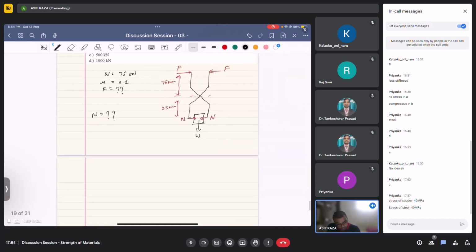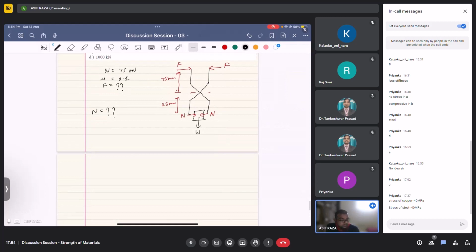Friction is acting at this y, and the friction acts only at this point, while the force we are applying is here.